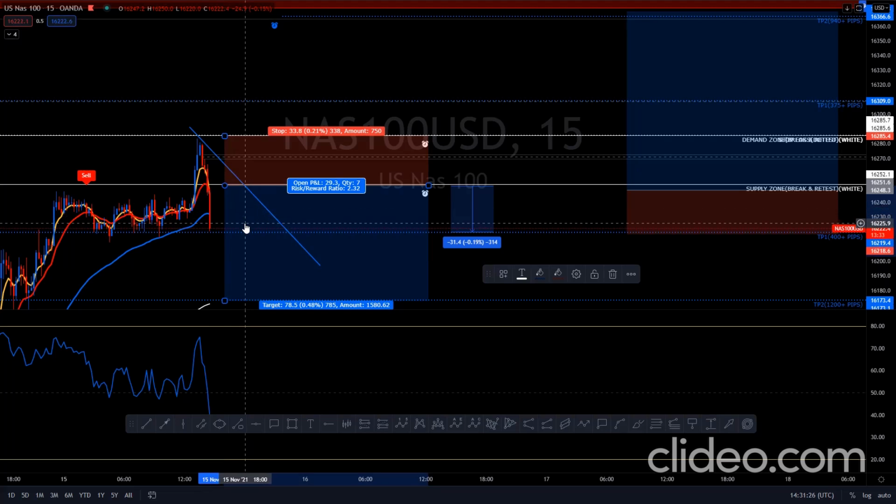Now I'm going to bring it closer. Yeah, it's dropping. Loving it. Let me see. 1.62. Nah, not yet. It's pushing back. Let it hit my stop loss.